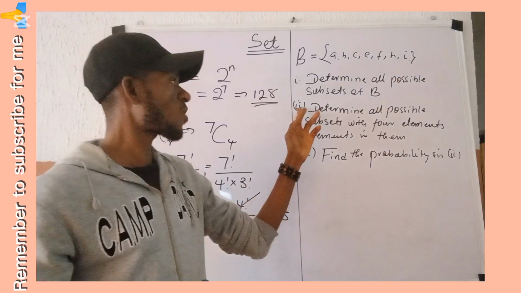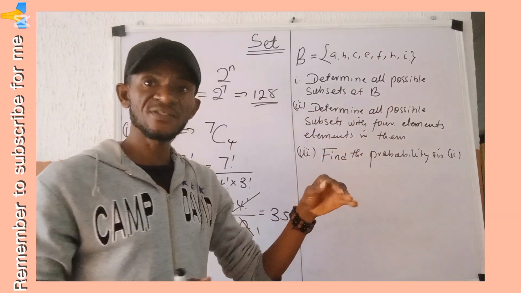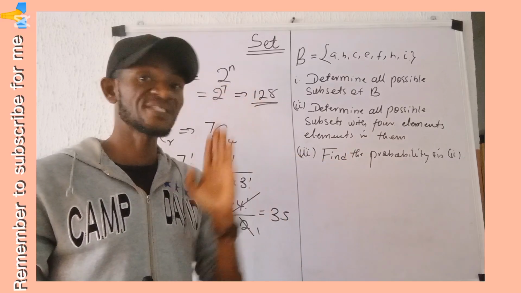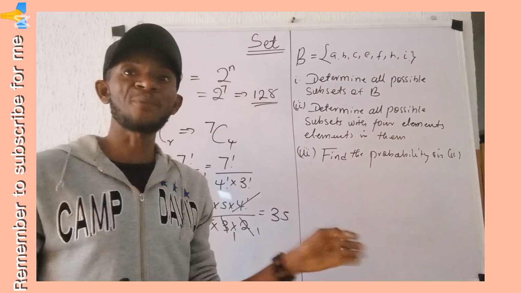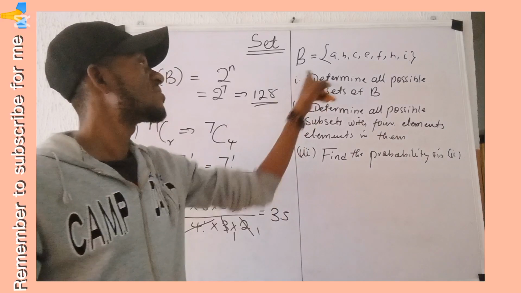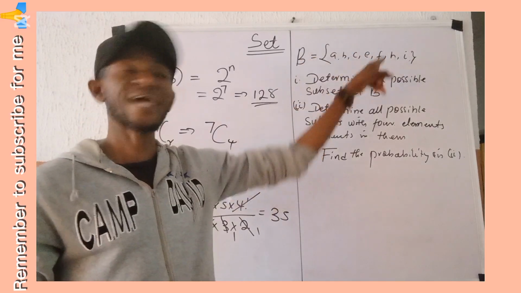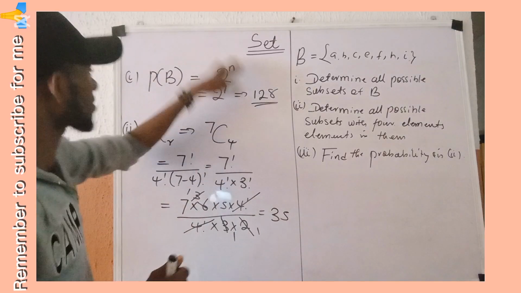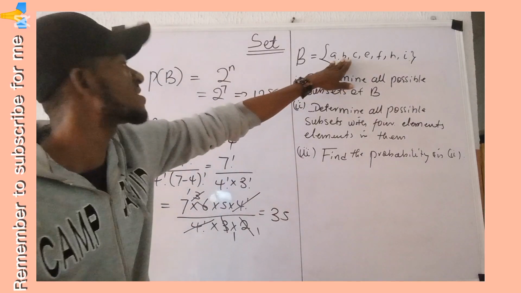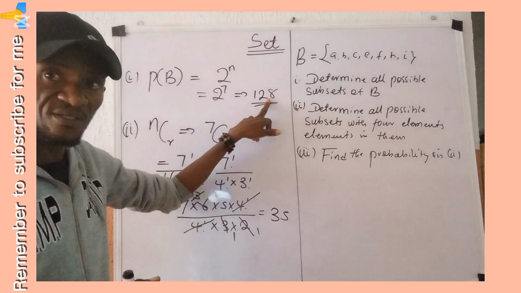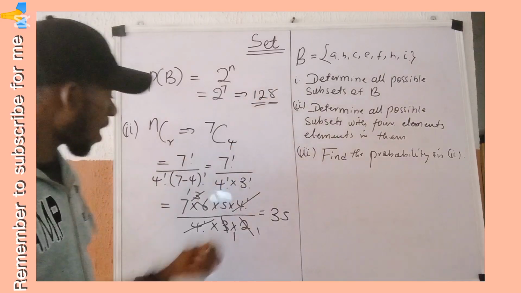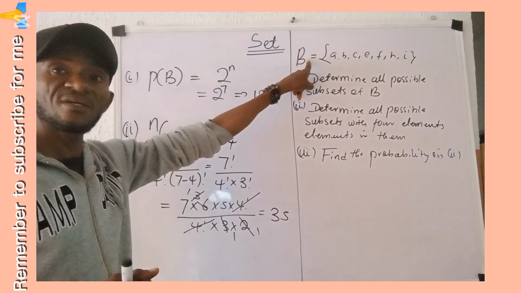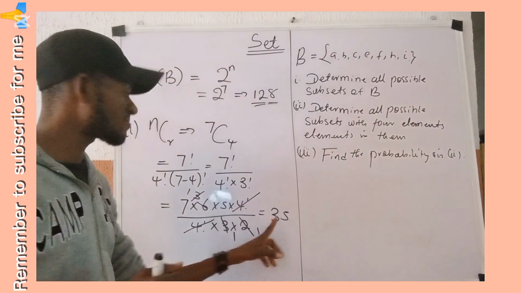The expected outcome in this question II is the number of all possible subsets with 4 elements inside them, while the possible outcome is all the possible subsets that can be formulated from this set B. And of course, all possible subsets that can be formulated from this set B is 128. And then all possible subsets of this set B that will have 4 elements inside them is 35.